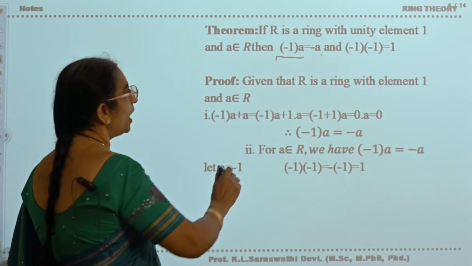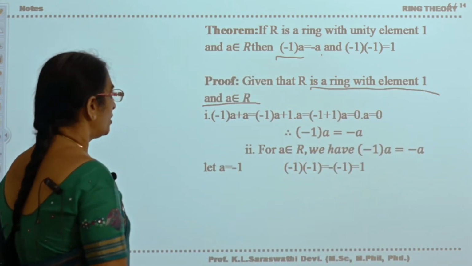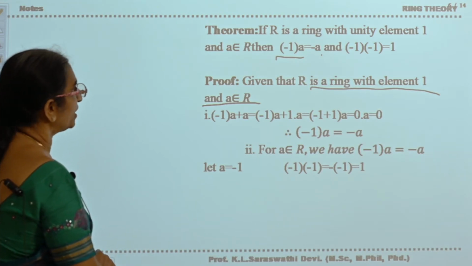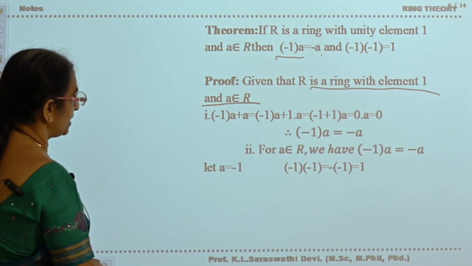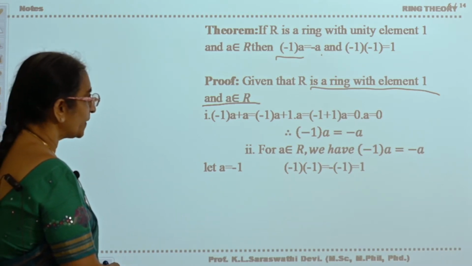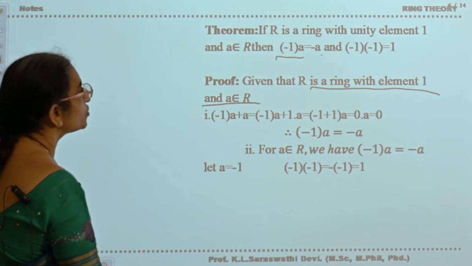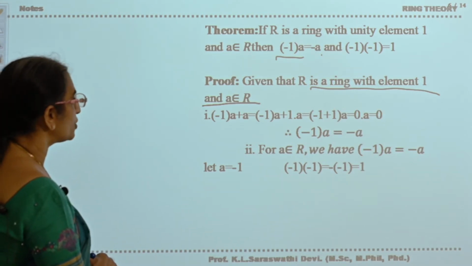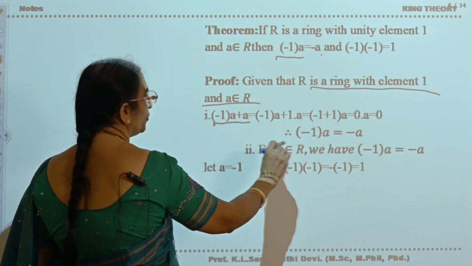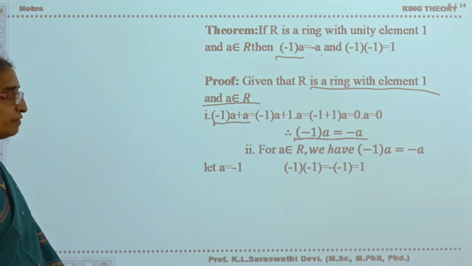Given that R is a ring with element 1 and A belongs to R, take minus 1 into A plus A, that is minus 1 into A plus 1 into A, that is minus 1 plus 1 into A by distributive law, that is 0 into A, which is equal to 0. So, minus 1 into A plus A is equal to 0, which implies minus 1 into A is equal to minus A. Now, is it clear?